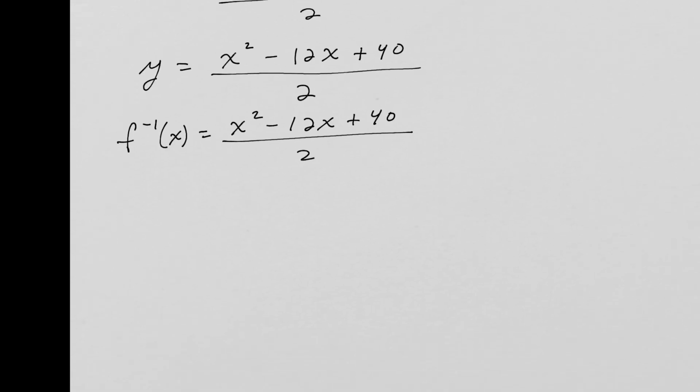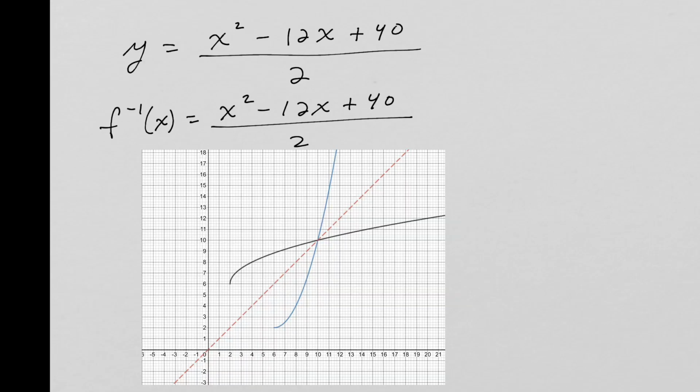Okay, here, let me graph this for you to show you this. Okay, so notice here that this was my original function, right, f of x. So that was 6 plus square root of 2x minus 4.